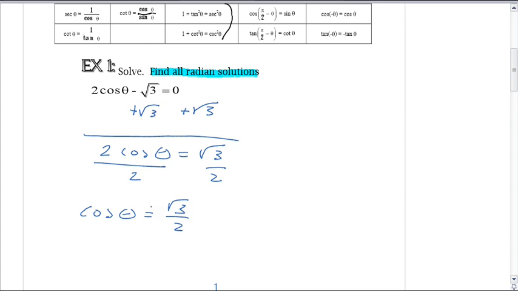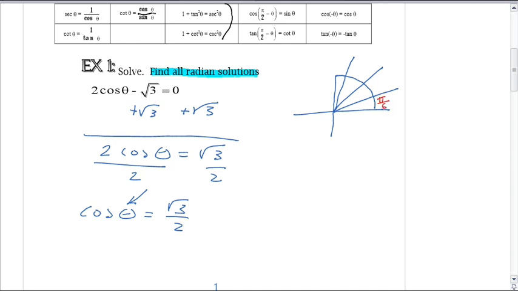Okay, so now we need to figure out where this is true. What angle makes this true? A nice thing that we know already is the unit circle. What we could do is generate a quick little sketch of the unit circle, at least the first quadrant, to figure out where this happens. Let me grab another color for my radians because it asks us to do it in radians.